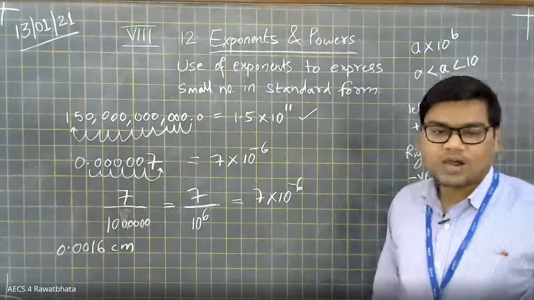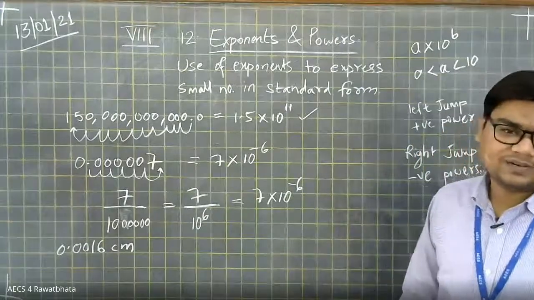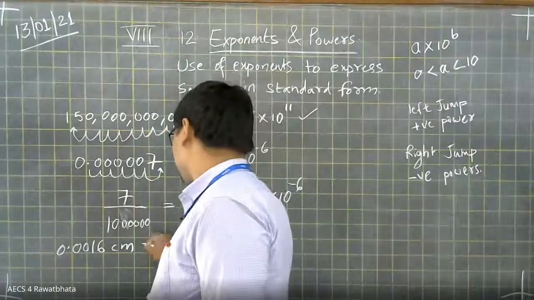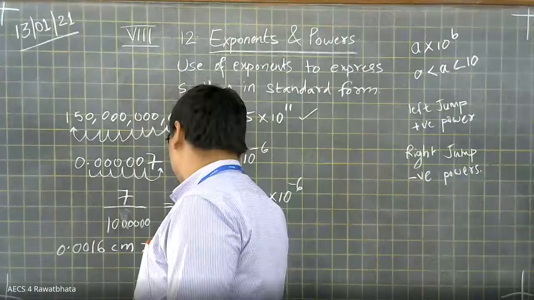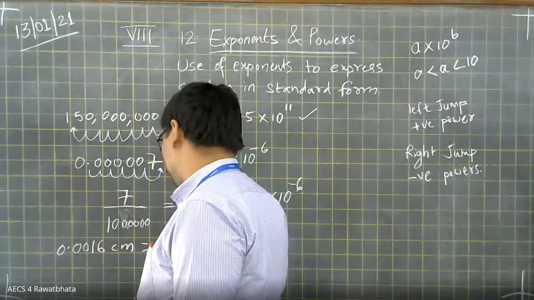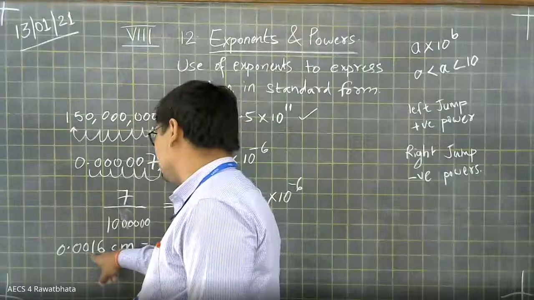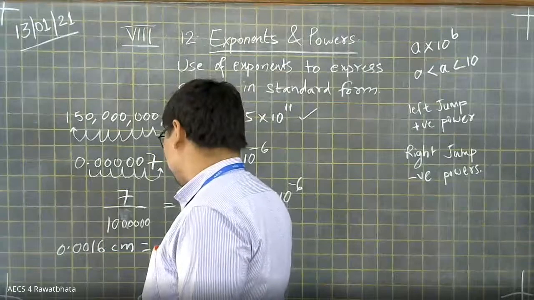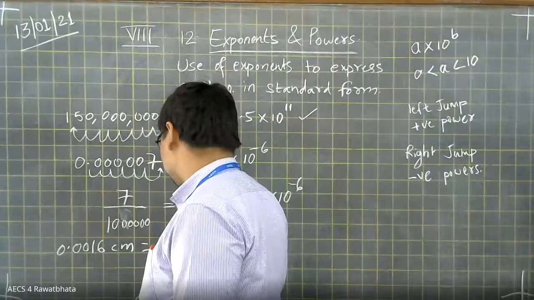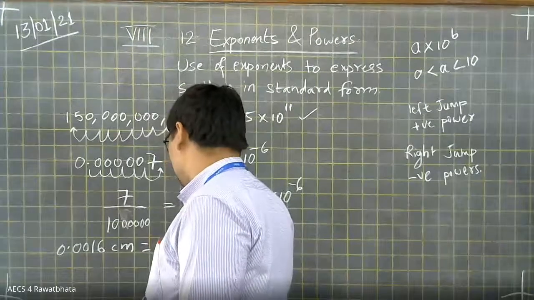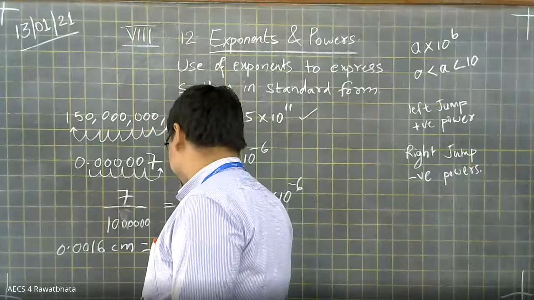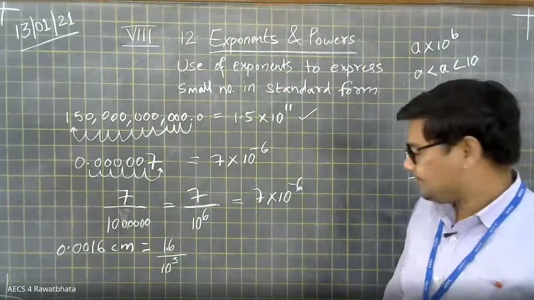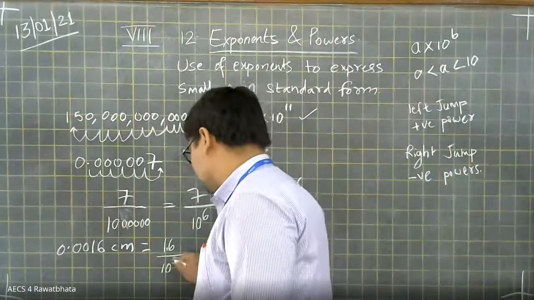Okay, so let us look at how to write this number in the standard form. What we have to do, we have to write it as a fraction. So this is 16 upon 1, 2, 3, 4, or 1.6 into 10 to the power 3, or 1000.